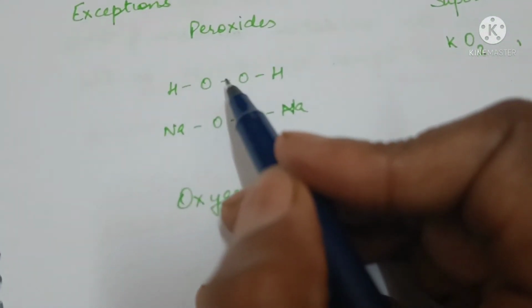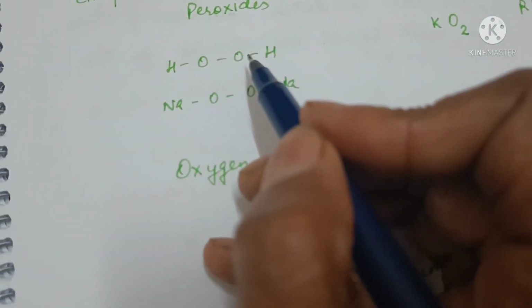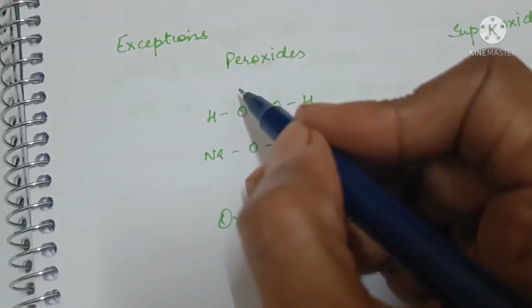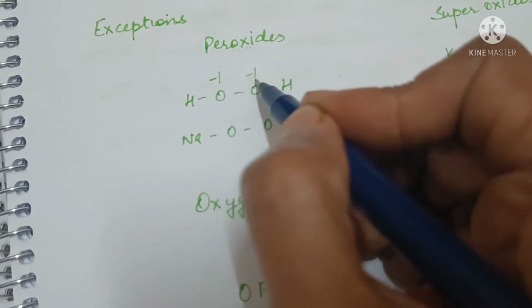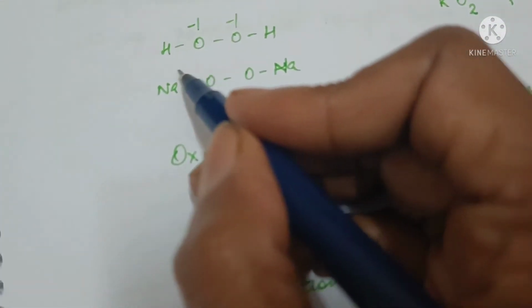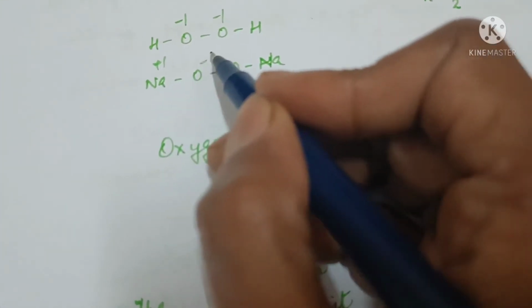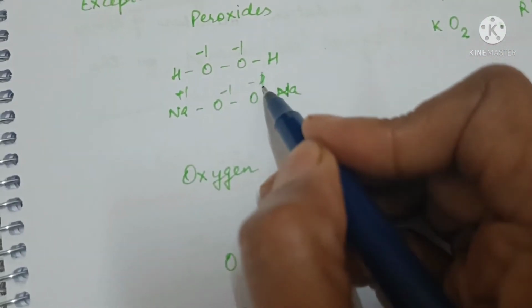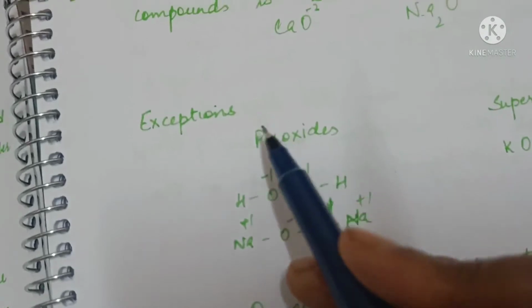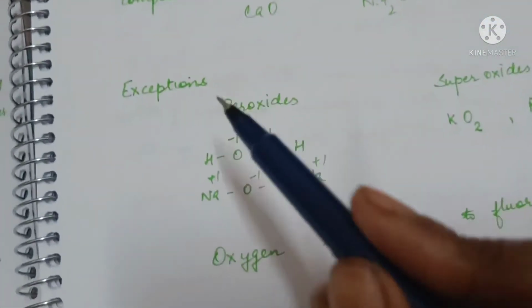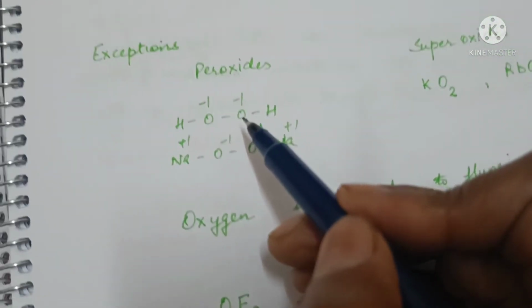In peroxides, where oxygen is combined with itself, the oxidation number will be -1. Similarly, in sodium peroxide, it will be -1. So in all compounds it is -2, but in peroxides, it is -1.